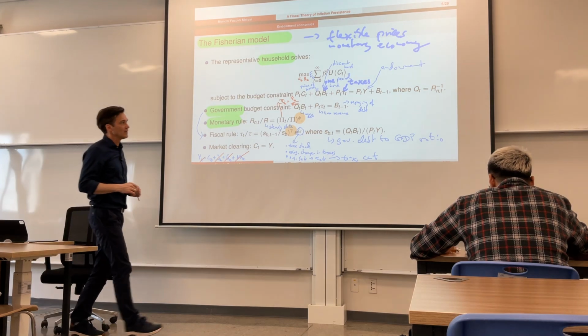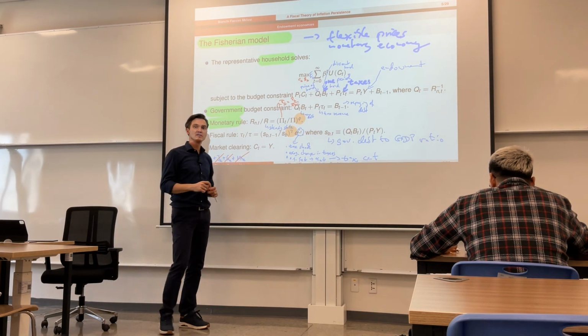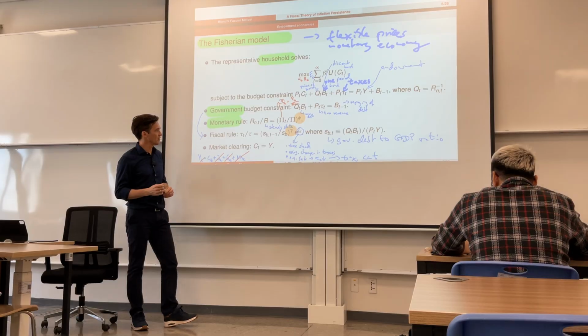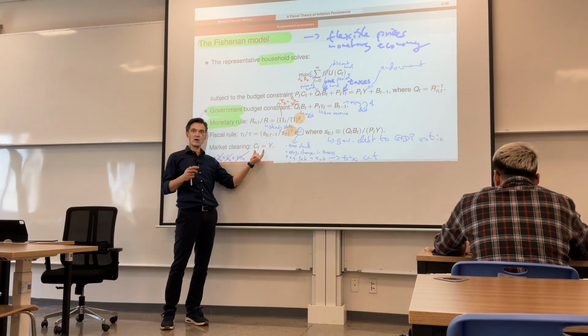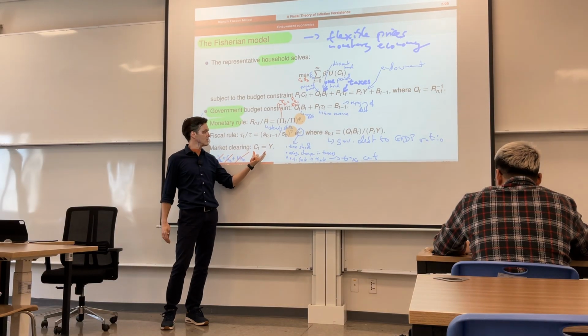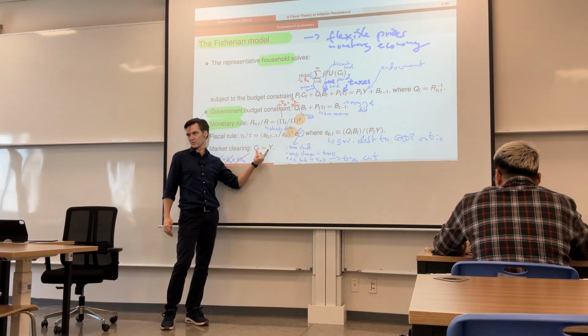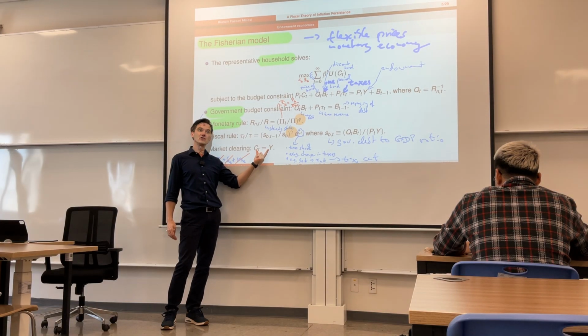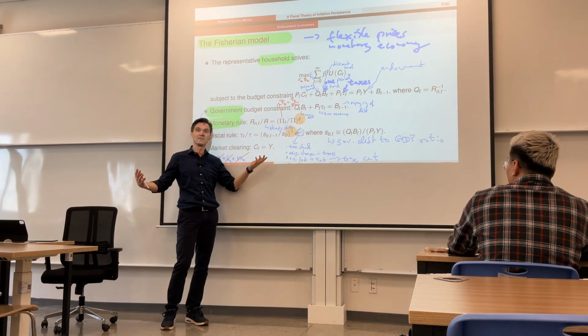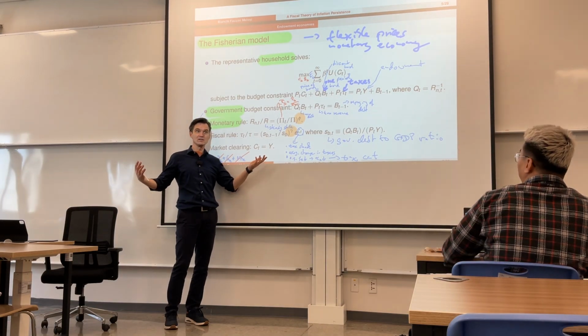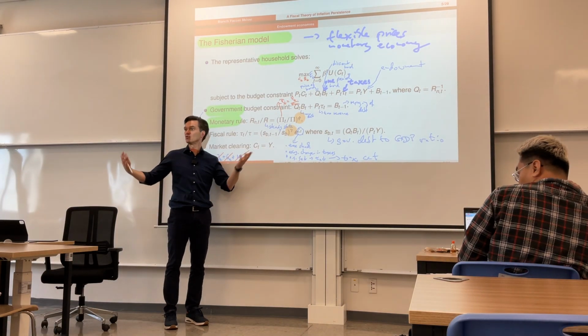Now this model differs from the New Keynesian model that we discussed before, because here the second reason why the real return is always constant is that consumption is constant over time. You can think of the real rate of return as the price of consumption in two consecutive periods.